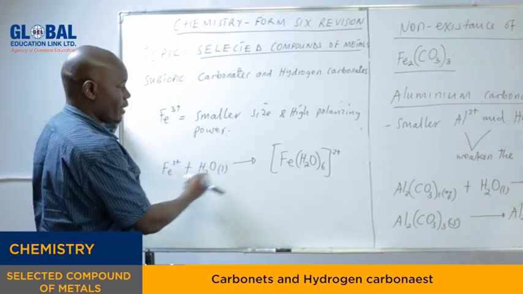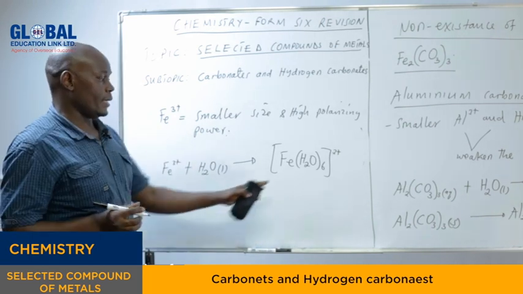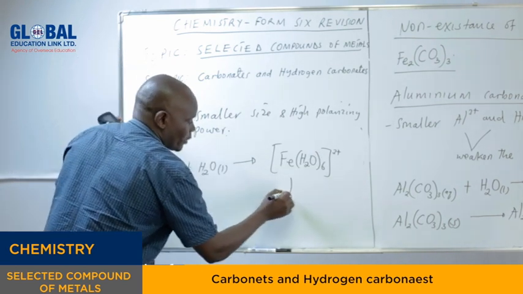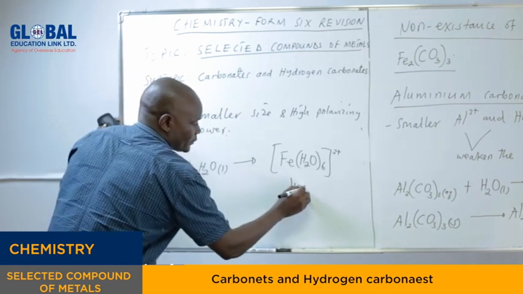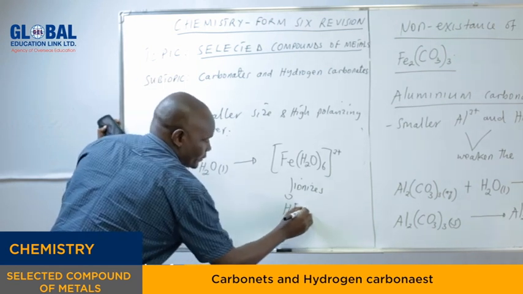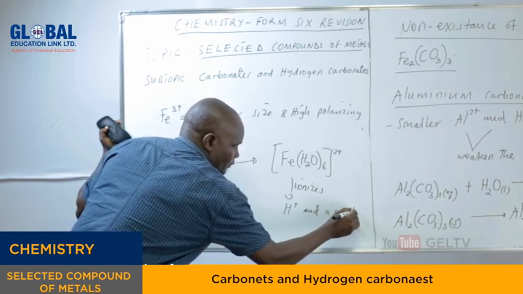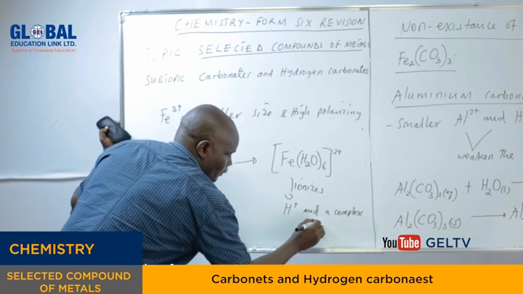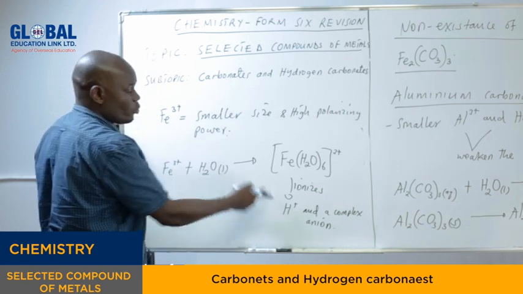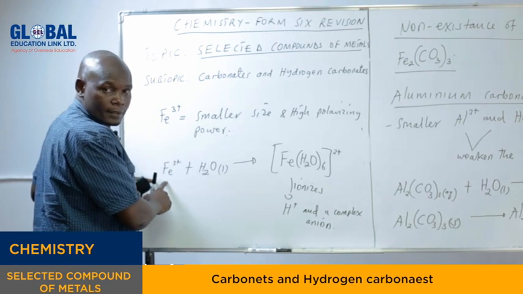So instead of being a carbonate, the iron is released from the carbonate and combined with the water molecules to form that complex compound. The complex ionizes by releasing hydrogen ions and a complex anion. The hydrogen ion released will combine with the carbonate ion that was in the carbonate.